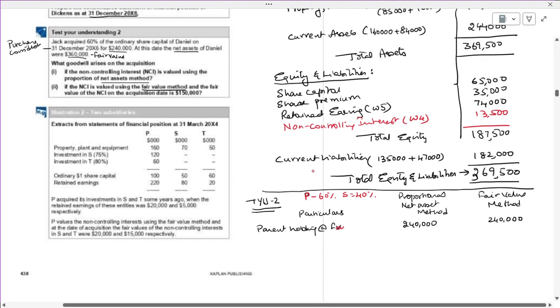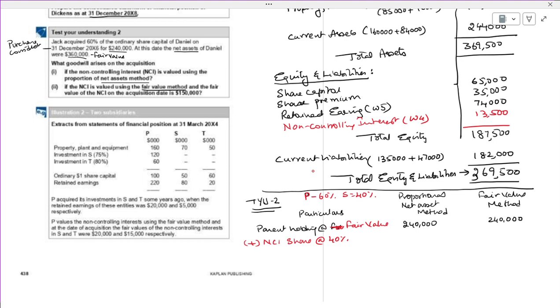Same steps as we do in terms of goodwill: add the NCI share at the rate of 40%. What is the net assets?